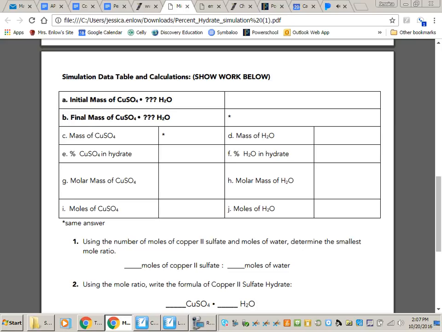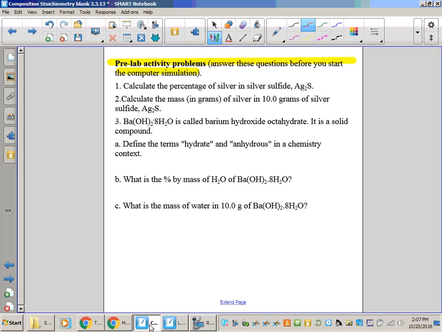Let me put the lab back up. We just did water. Just so we know, copper sulfate. What's D? C, which is the 0.0741 divided by. So the answer for E is 0.0413 divided by 1.195.